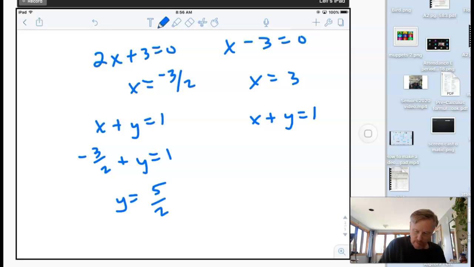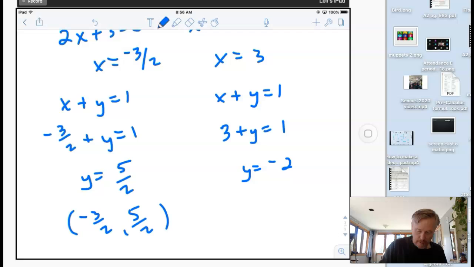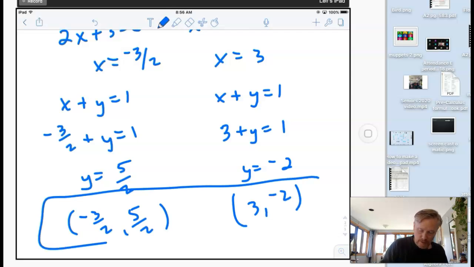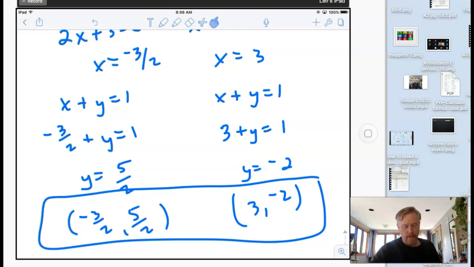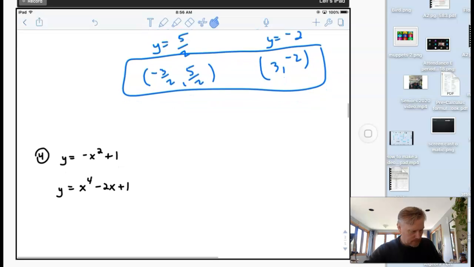Over here, if I plug in 3 for x, I get y equals negative 2. So there's my coordinates. I got negative 3/2, 5/2. And over here for the x, I got 3, negative 2. And those are my answers. Okay? So that's how you do that one for substitution.